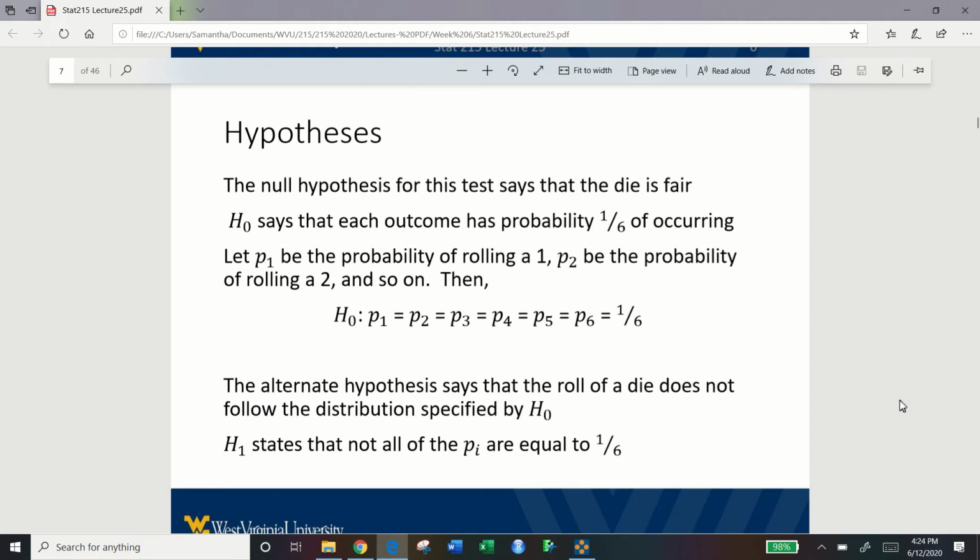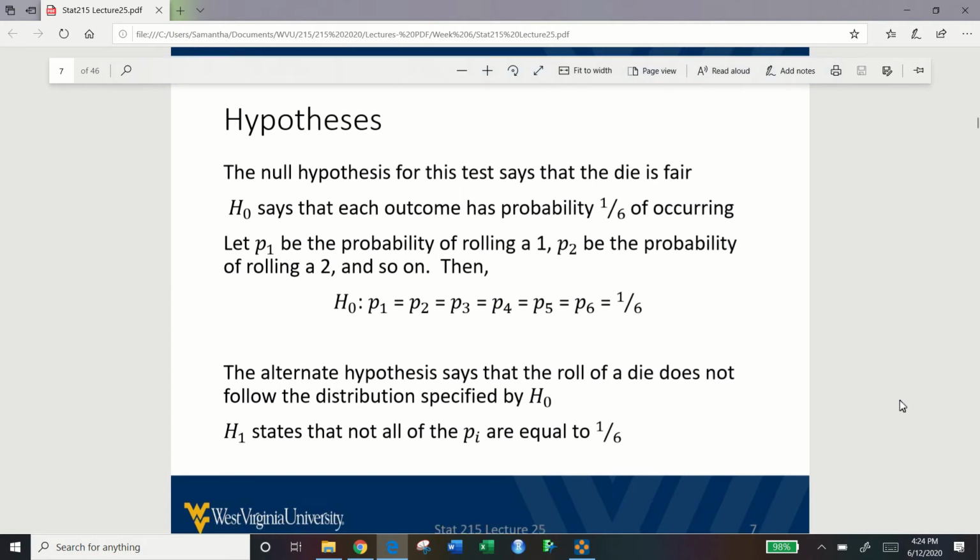The alternative hypothesis says that the roll of a die does not follow the distribution specified by the null hypothesis, meaning our alternative hypothesis states that not all of the pi are equal to 1/6, where i is equal to 1, 2, 3, 4, 5, and 6.